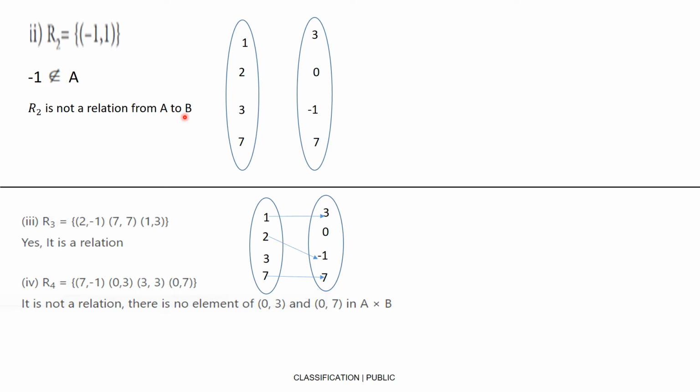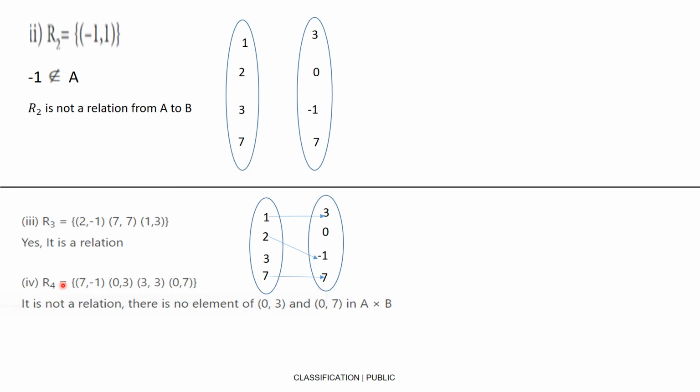Third one, R3 equal to {(2, minus 1), (7, 7), (1, 3)}. Shall we check? (2, minus 1), (1, 3) and (7, 7). Yes, they are there, so it is a relation from A to B. Next, fourth one, R4 equal to {(7, minus 1), (0, 3), (3, 3), (0, 7)}.